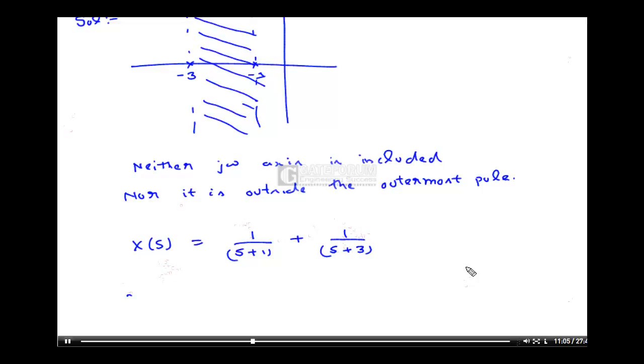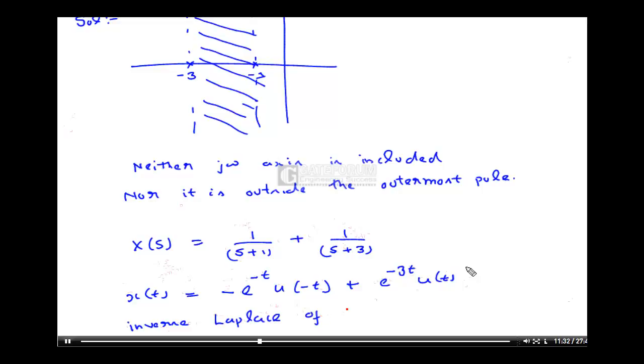That means x(t) will be equal to minus e to the power minus t u(minus t) plus e to the power minus 3t u(t). So this is the inverse Laplace transform of X(s) for the given region of convergence. Okay.